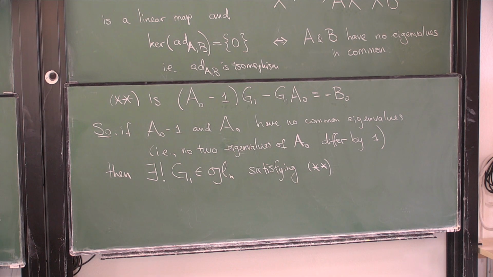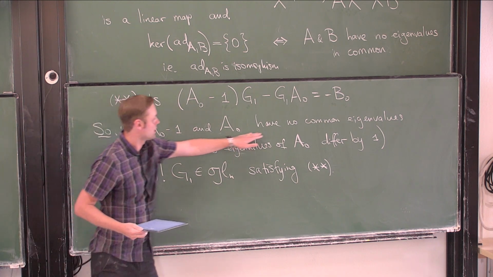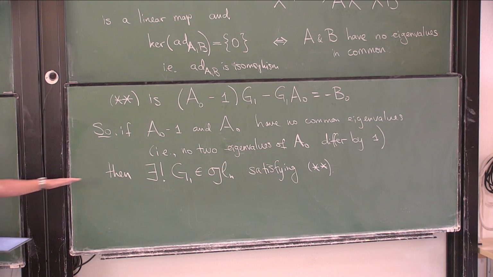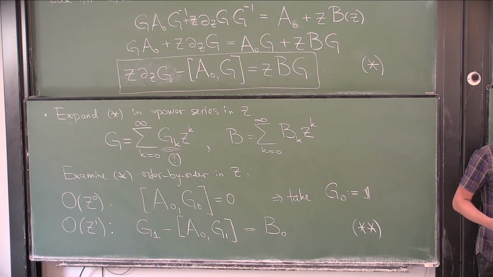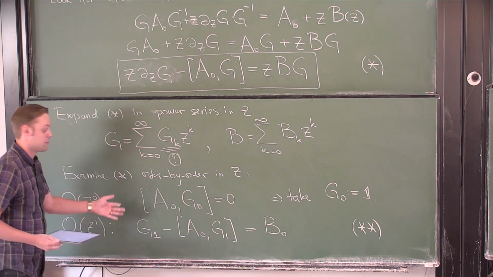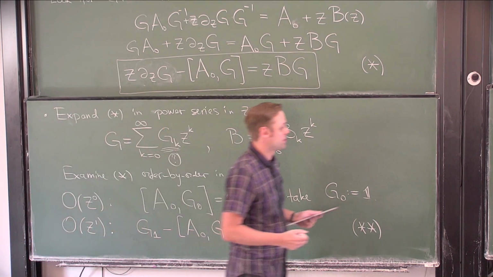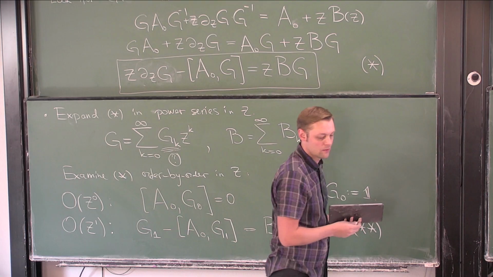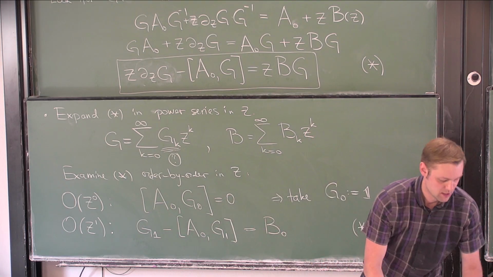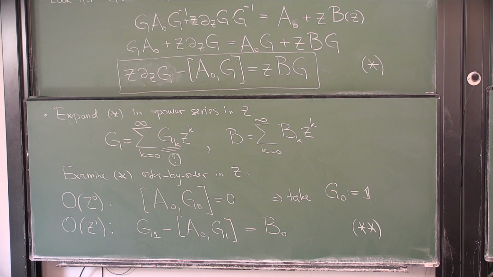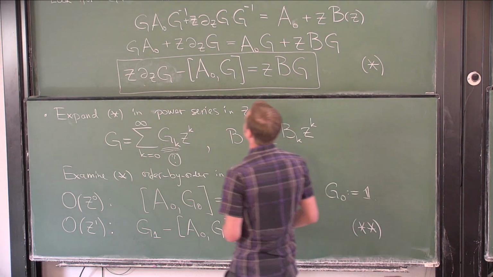So by making this slight assumption on the eigenvalues of the residue, I'm guaranteed that I can find the first order of this gauge transformation G. Does that make sense? Okay, let's continue.